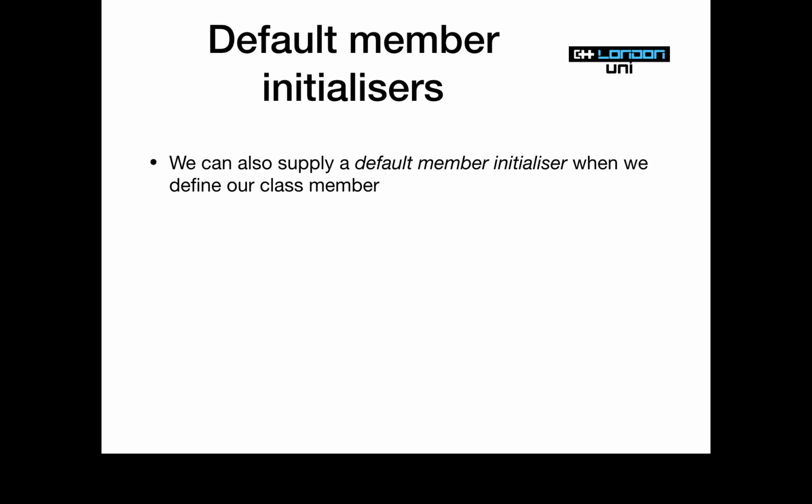Otherwise, we get the default value. Point now is not an aggregate because it's got a constructor, and it's got one constructor that takes one value. So as I've written it, there's no way of setting Y in the constructor. If I give a value, that will be the value for X. If I don't give any value, we'll get X equals 42.